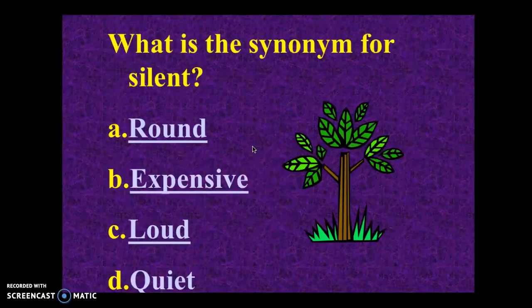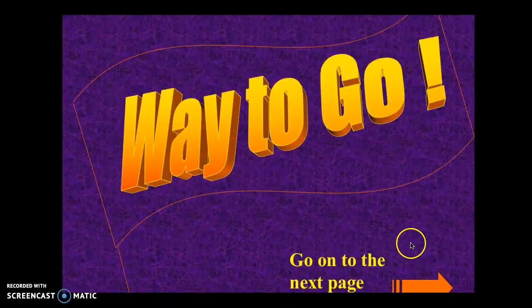Same thing with expensive. Expensive has nothing to do with silence. Loud would not be a synonym for silent because it means the opposite, which would be an antonym, like I said we'll get to. So loud and silent are opposites, and quiet would be the answer, so D, because quiet and silent mean the same thing. So it says way to go to the next page.